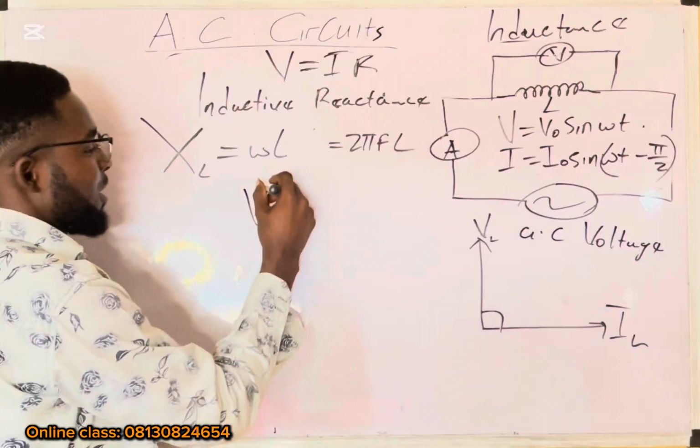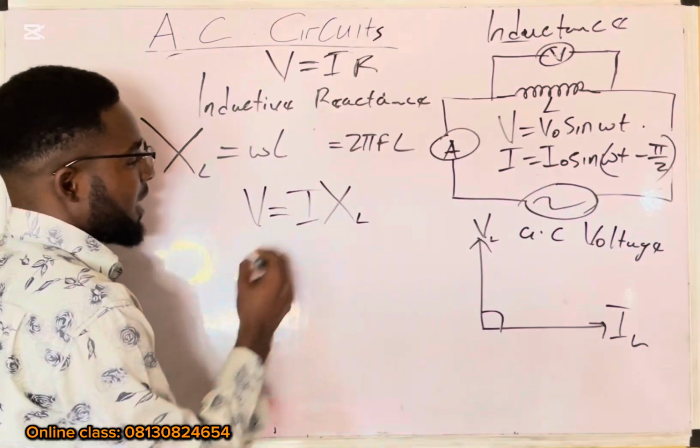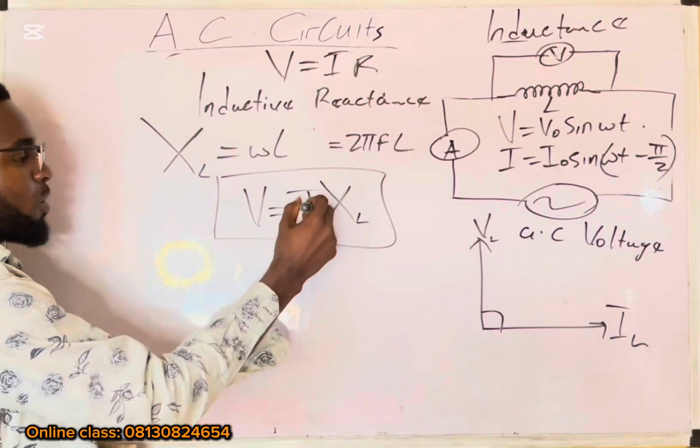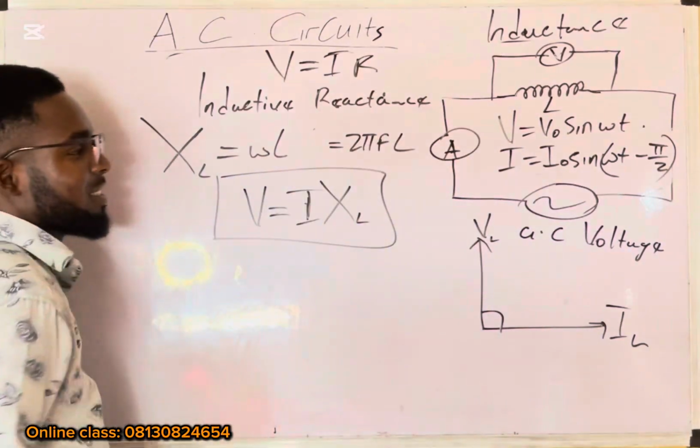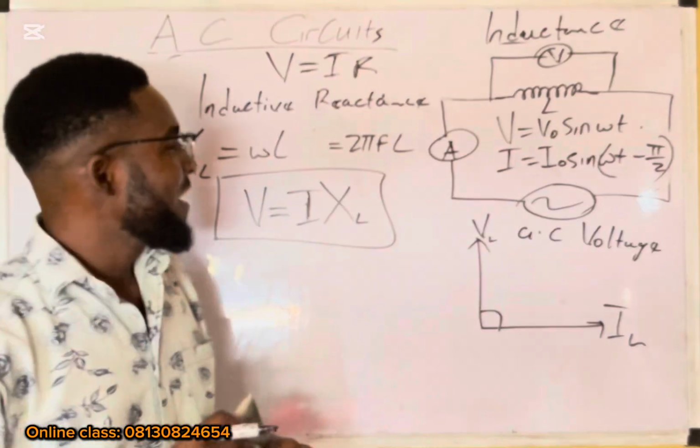So therefore, we can say that V is equal to I X subscript L. That is Ohm's law application in this case. Hope we are good. Of course, we are good. All right.